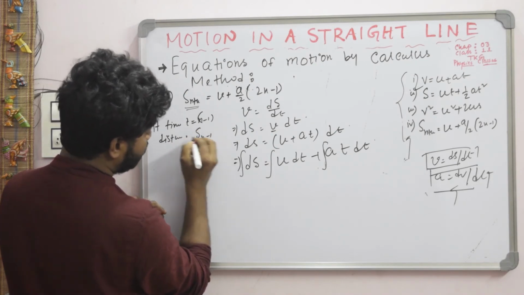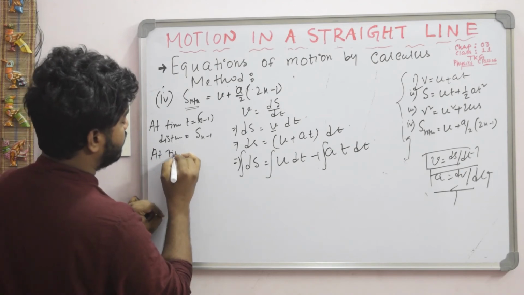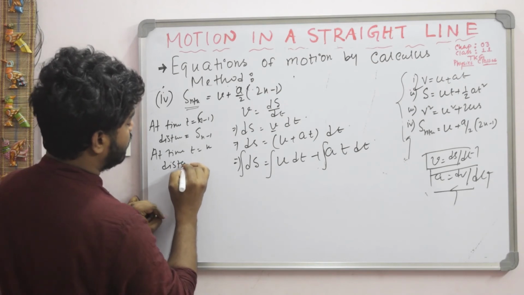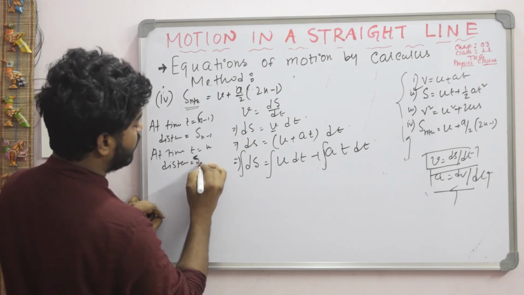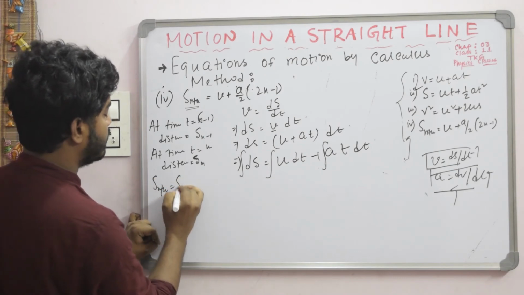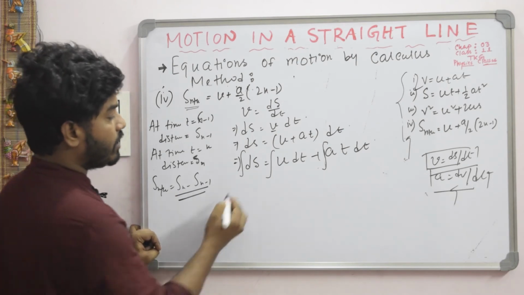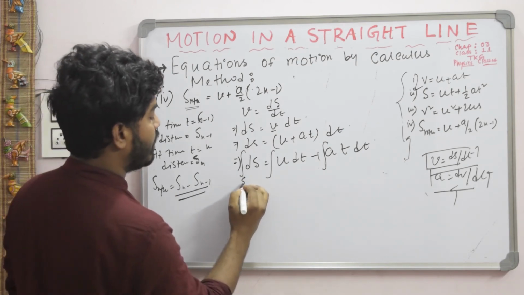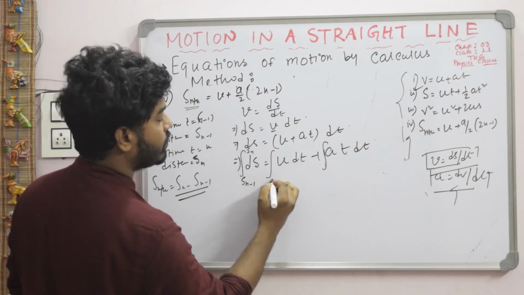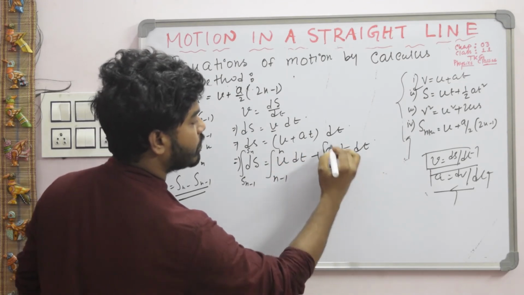That is s n minus 1, and at time t is equal to n, the distance is represented as s suffix n, and you know the formula s nth is s n minus s n minus 1. So use the limit here for ds, the lower limit s n minus 1, upper limit s n, and with respect to t, n minus 1 to n.